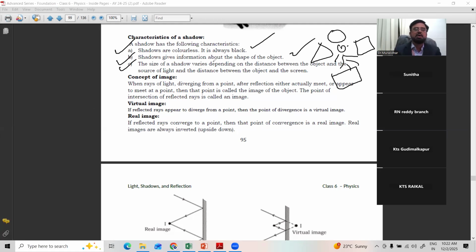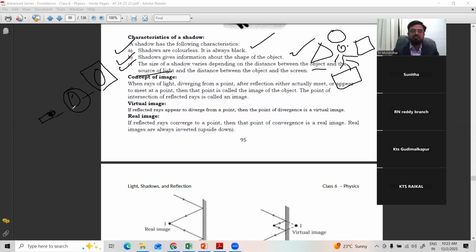The size of the shadow varies depending on the distance between the object and the source of light. Suppose, a very interesting point is this. Here there is a torchlight, the source of light. Here is the object. Here is the screen. The size of the shadow depends on the distance.